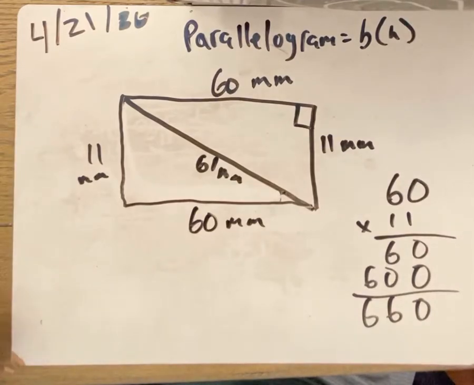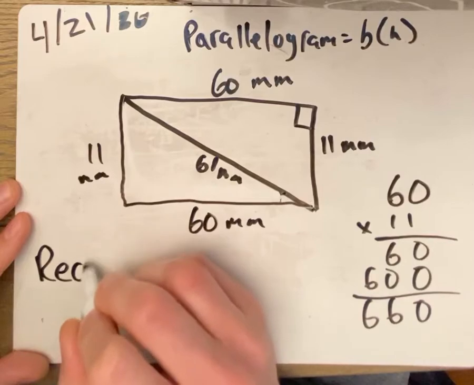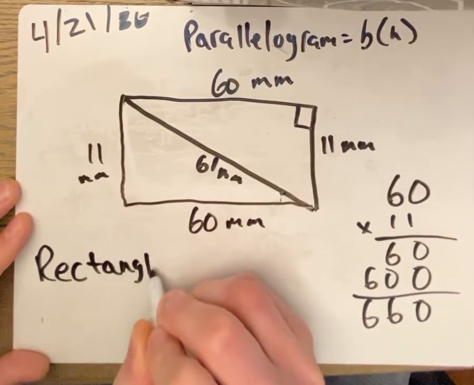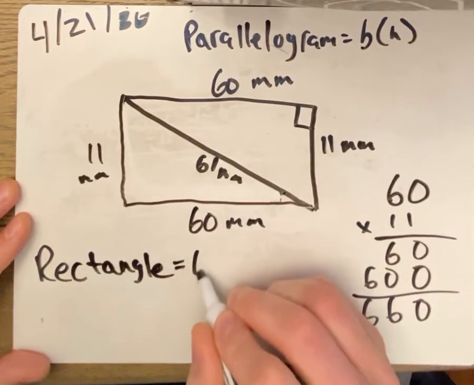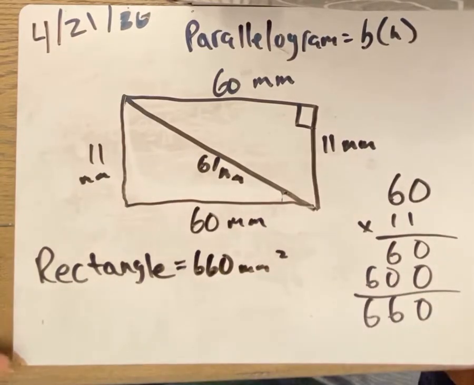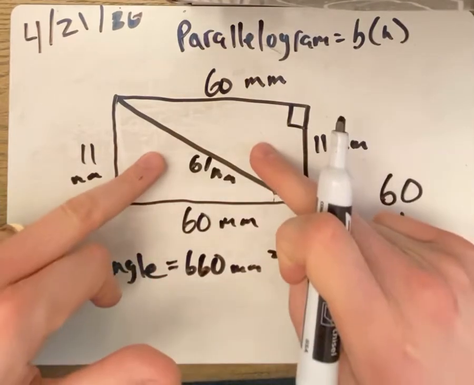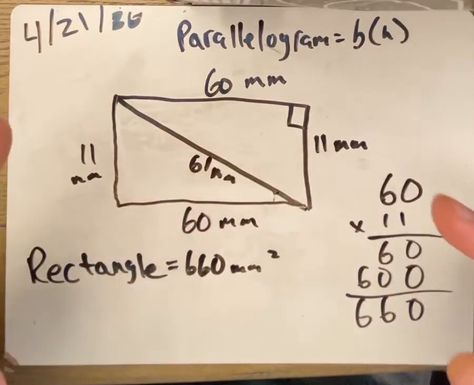Okay, so the area of this rectangle is 660 millimeters squared, right?